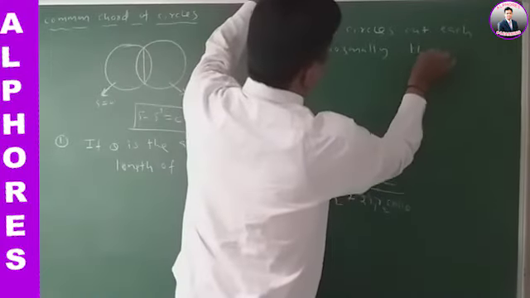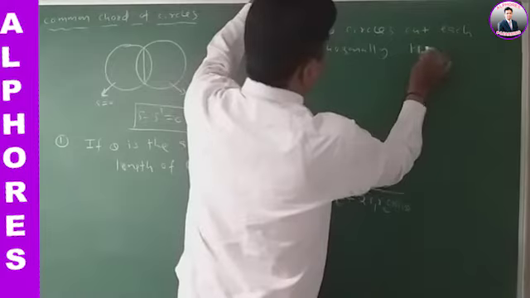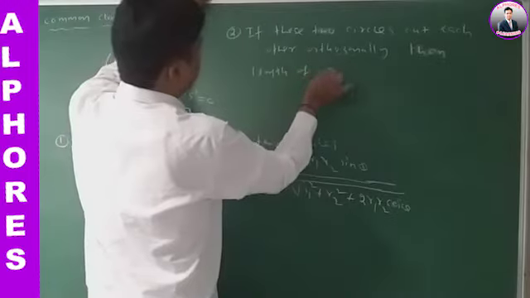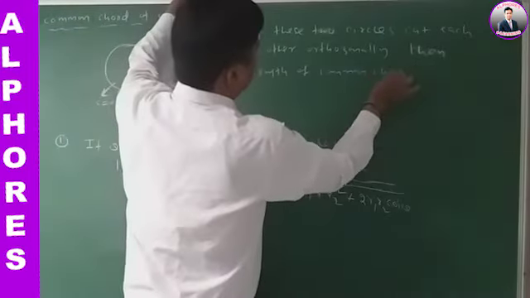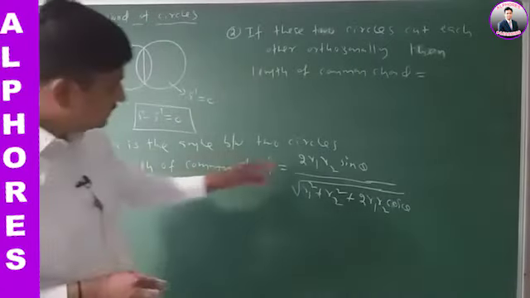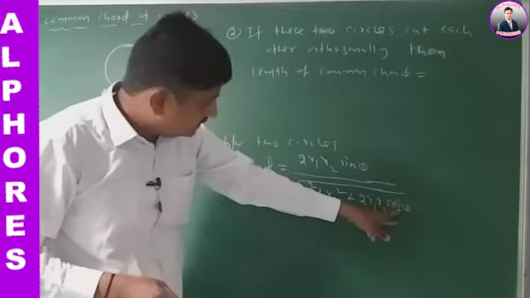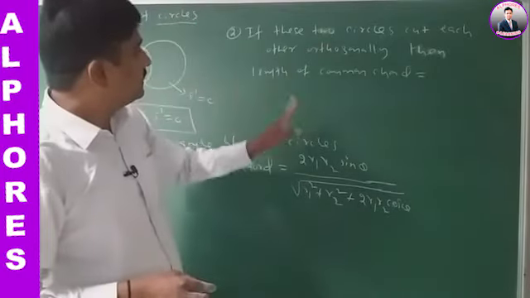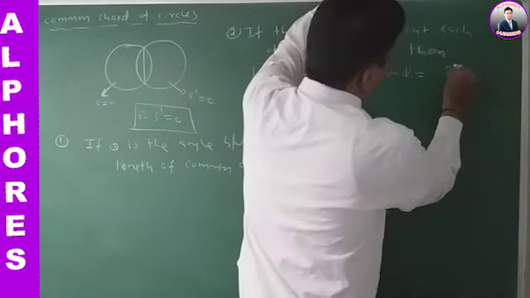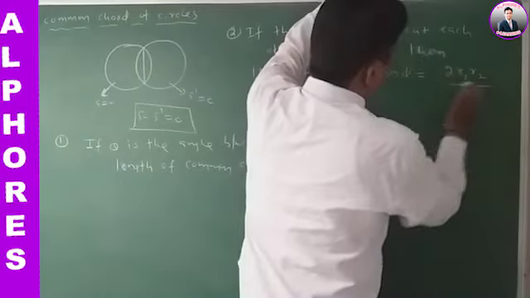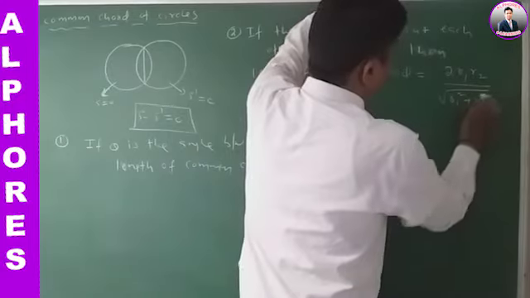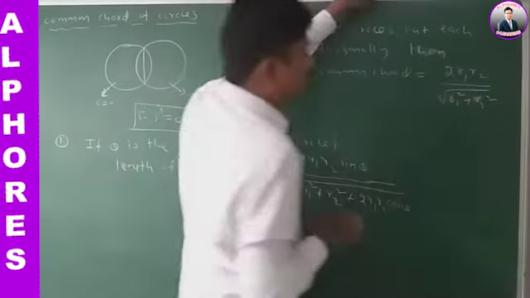Then the length of the common chord: sin 90 is 1, cos 90 is 0. So if the two circles cut each other orthogonally, the length of the common chord equals 2r1 r2 by under root of r1 square plus r2 square.